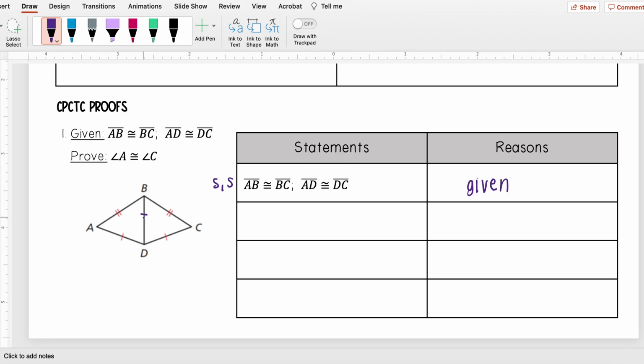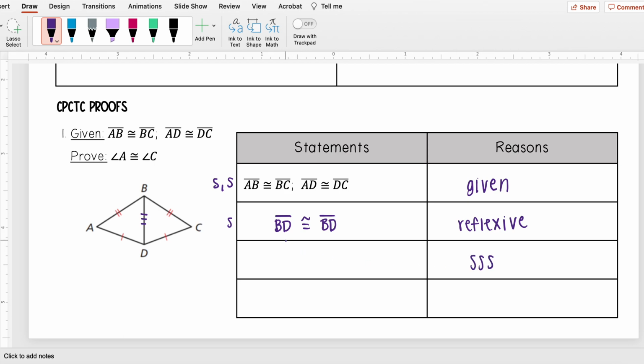And I know by the reflexive property that BD is congruent to BD. So I have a third side here, and that was by the reflexive property. So I have three sides congruent. So now I can say that these two triangles are congruent by side, side, side.